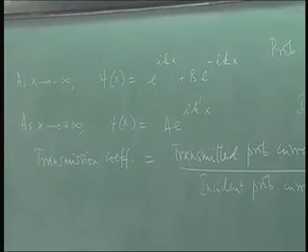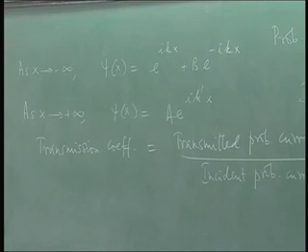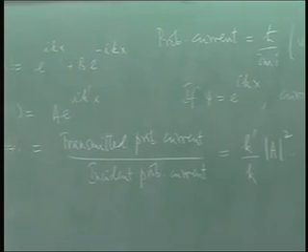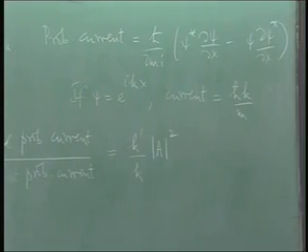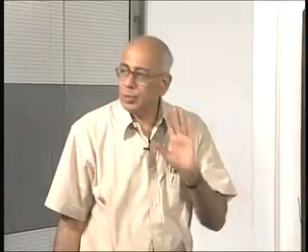So the physical meaning of this arbitrary constant A multiplying the transmitted wave is that the modulus of A squared is essentially the transmission coefficient, multiplied of course by the ratio of wave numbers in the two media.